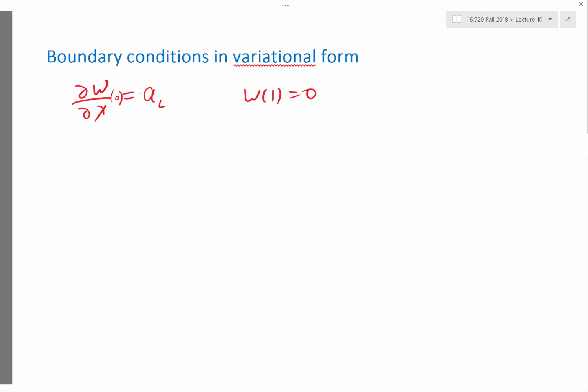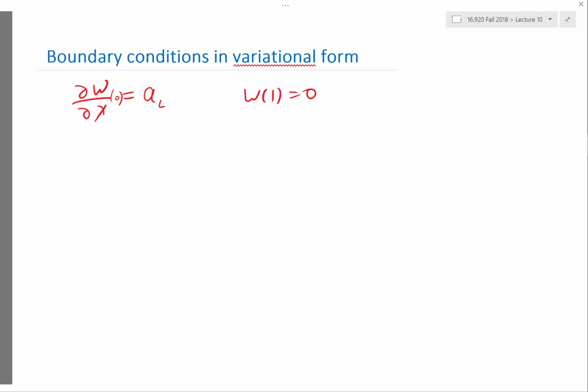In finite element, it's a little bit analogous to that in the sense that we no longer restrict the degree of freedom. We got rid of the constraint. But what replaced the constraint is actually a little bit different. We actually have to modify the weak form.